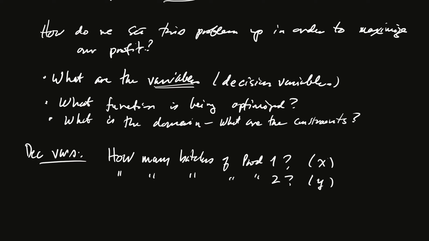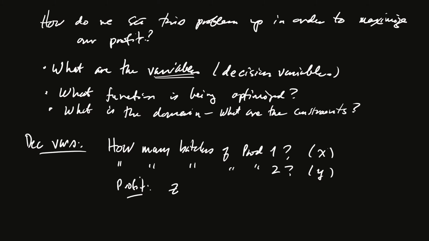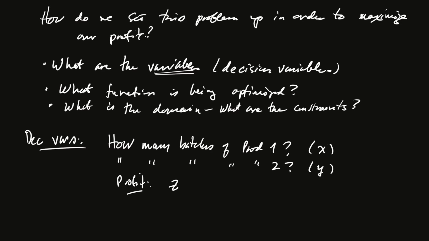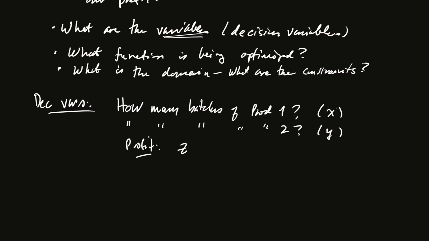Good. Then our profit will be Z, and we're going to call that Z our objective function.